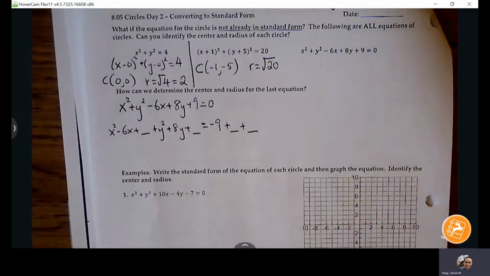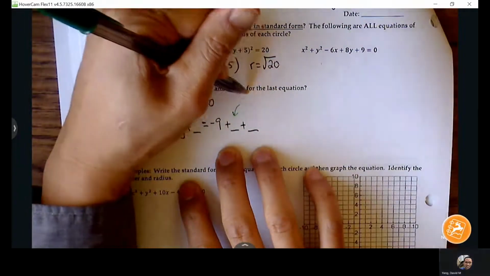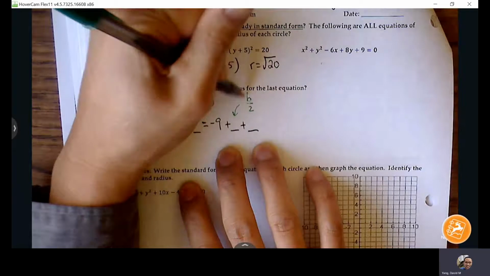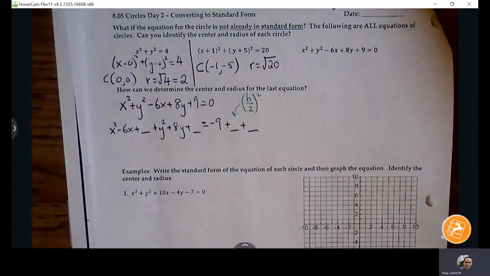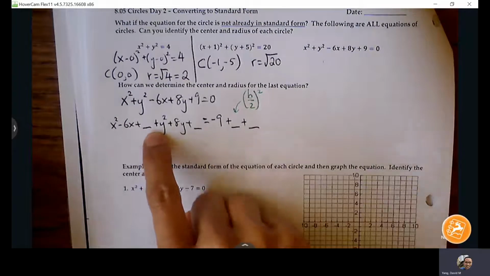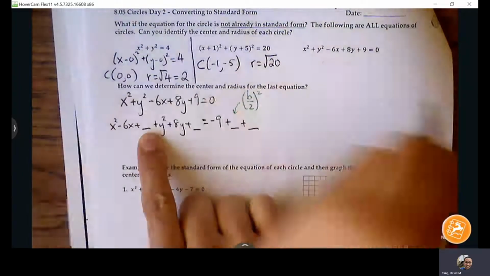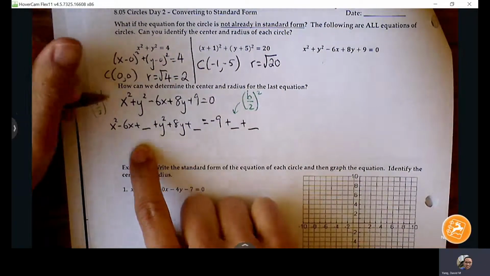You guys remember the formula for complete the square? B divided by 2, and then we have to square it. Okay, so for the x's, the b value is 6, right? So 6 over 2 is 3. 3 squared is 9.